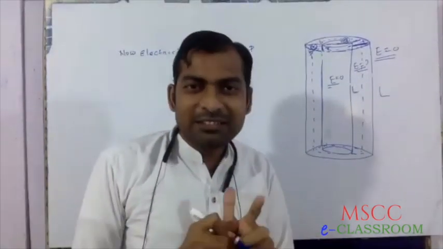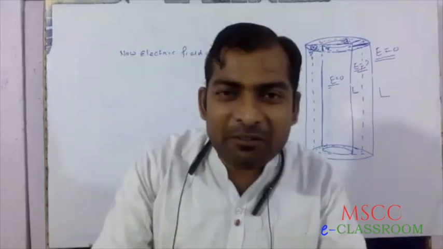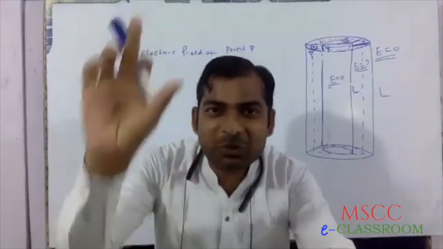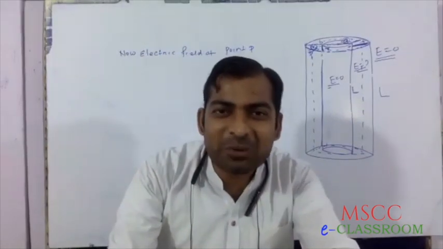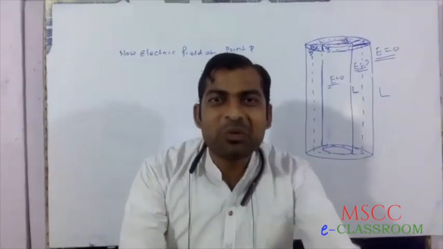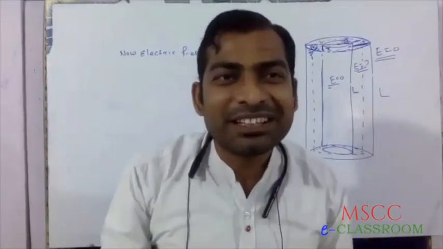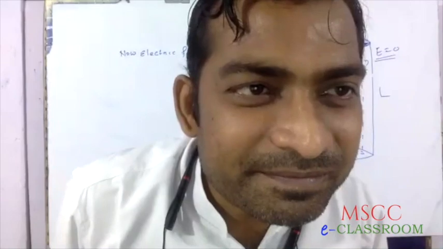Already we did the electric field in case of an infinite long straight wire. In that case, we assumed the Gaussian surface is cylindrical. Yes or no? Yes.